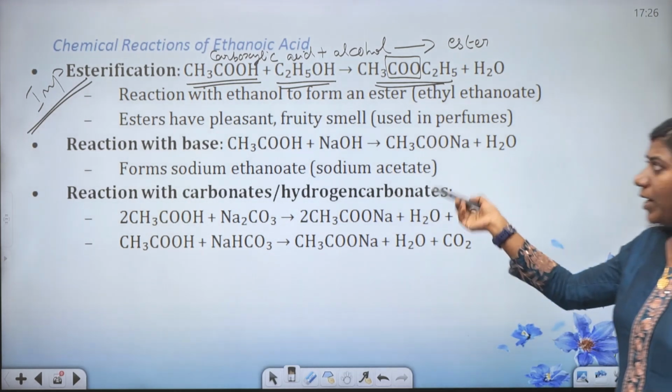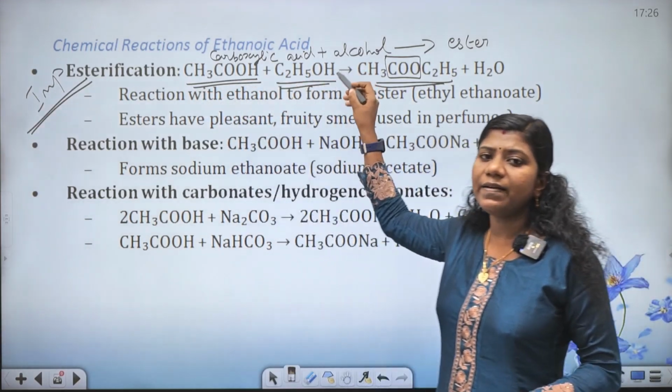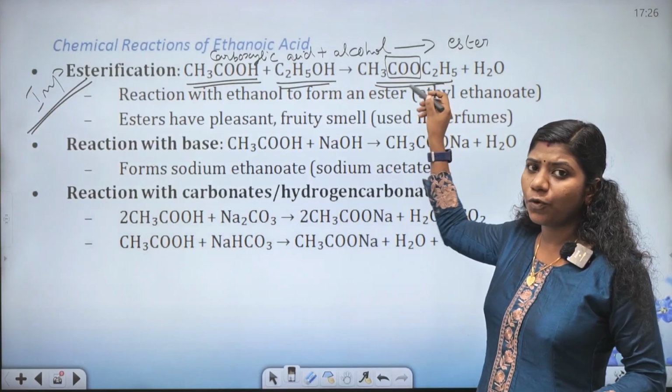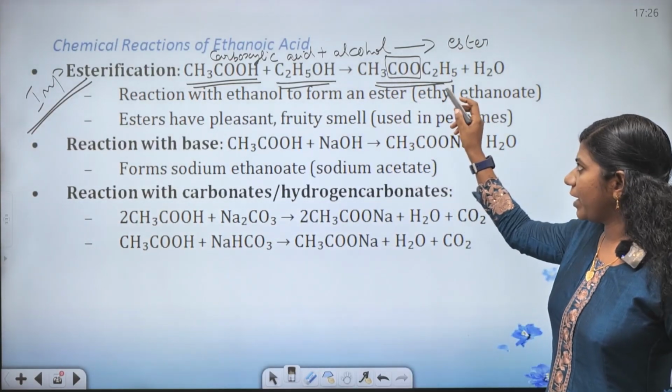For example, ethanoic acid is a carboxylic acid. It reacts with ethanol, which is an alcohol, to form the corresponding ester. The corresponding ester is ethyl ethanoate.